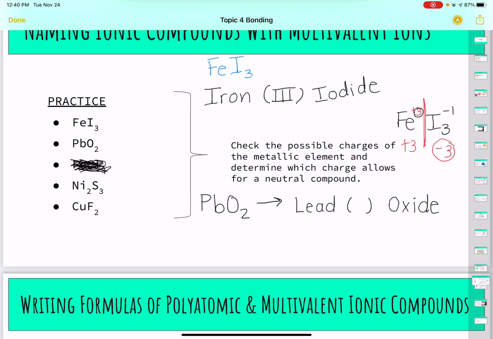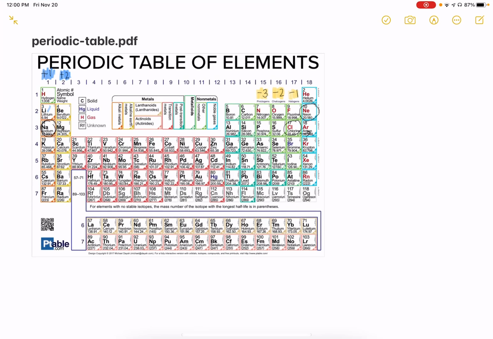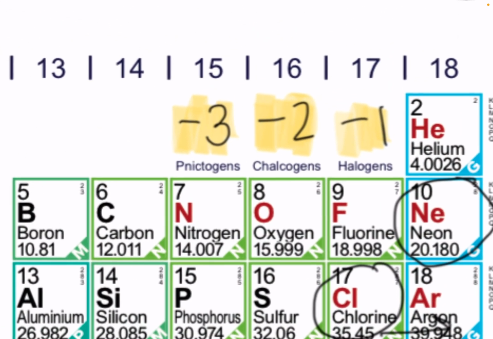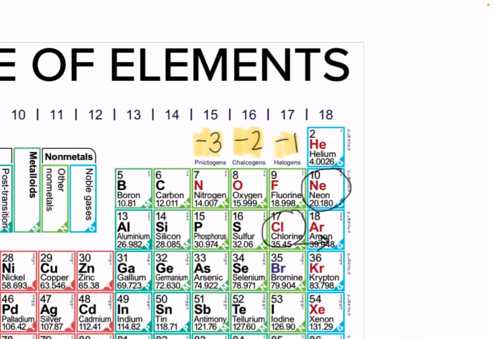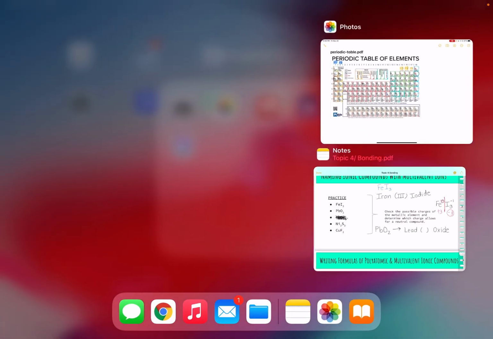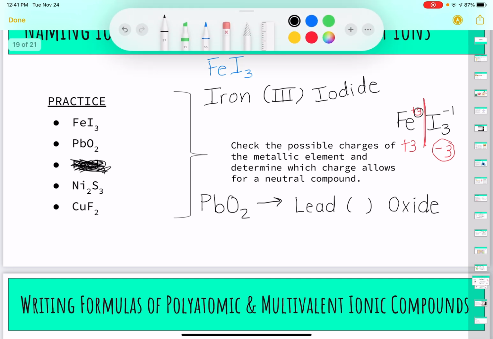So this is lead something oxide, and we can figure out what the charge of lead is by going backwards from what the charge of oxygen is. Let's find oxygen in the periodic table. It's number 8 here, and it's in the -2 column. So that means that it's -2. We can use our detective skills here.